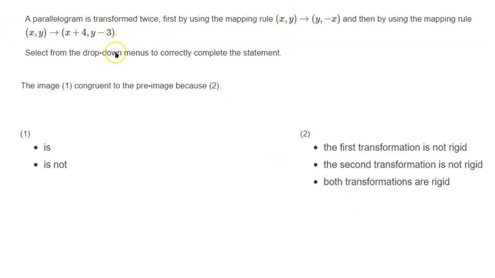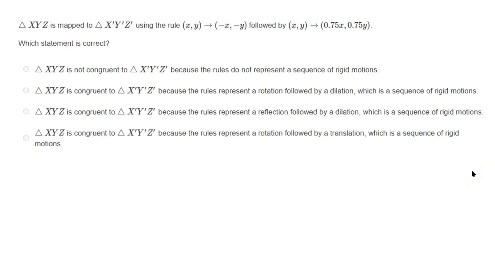Again, you're going to need your transformation rules to determine this. And please, please remember that translations, rotations, reflections are rigid motions. Dilation is when we multiply the x and the y, and that is not a rigid motion.